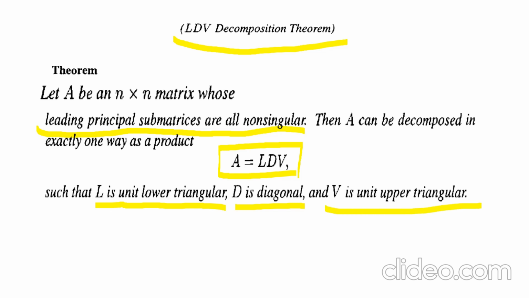Here V is also a unit triangular matrix, as L is a unit lower triangular matrix. And the diagonal matrix is very easy. You know that it consists only of diagonal entries.